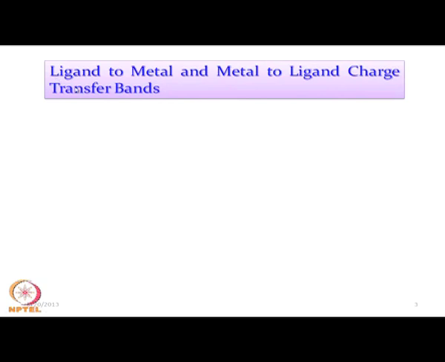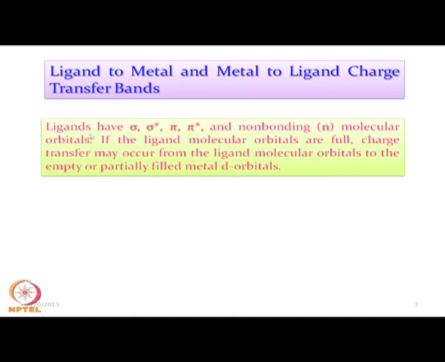In the first case, we have the ligand to metal and the metal to ligand charge transfer bands. We have different types of ligands, and if they are not single atomic, they can be multi-atomic, and we can have different types of electrons present, starting from sigma, sigma star, pi, pi star and non-bonding molecular orbitals.